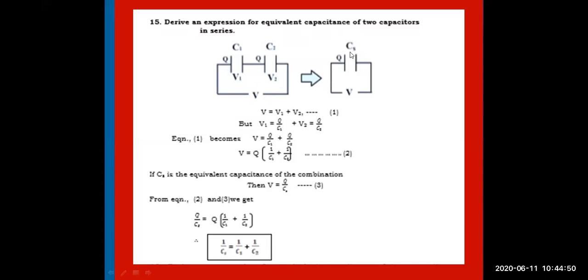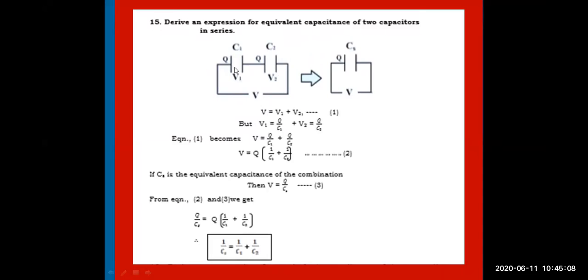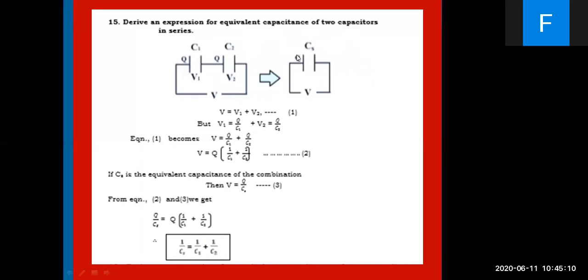Since we are connecting in series, I will label it as CS. If it is connected in parallel, you will label it as CP. So here, two capacitors C1 and C2, equivalent capacitance is CS. Common potential is V. Common charge is Q. V1 is the potential across C1 and V2 is the potential across C2. This is the description of your diagram.